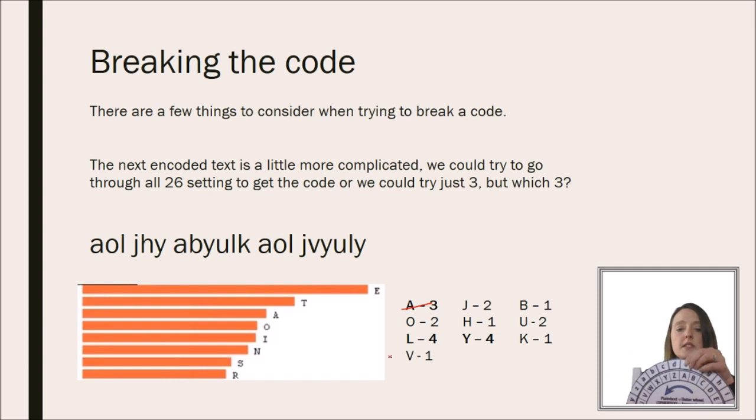Okay, so we'll stick with E again, and this time we are going to put an L under E. So we're going to assume that the letter L is in fact an E, which would make us say that A became a T, O would be a H, so you can see O is up here, that's a H, and we've said L is an E. That gives us the word the.